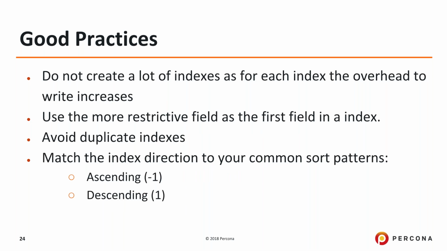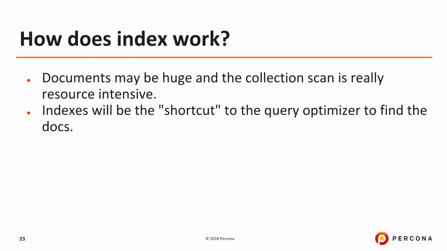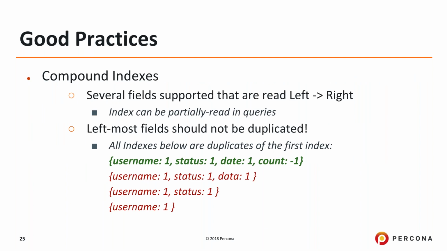I don't have an example of that here, but in the find query, you can pass a $sort and -1 or 1, which tells Mongo to use ascending or descending. Same with indexes. When you're doing a create index, 1 or -1 will tell it ascending or descending to match that up, if you can.